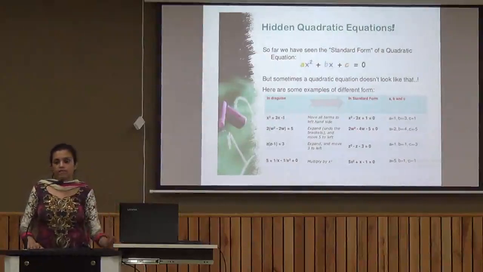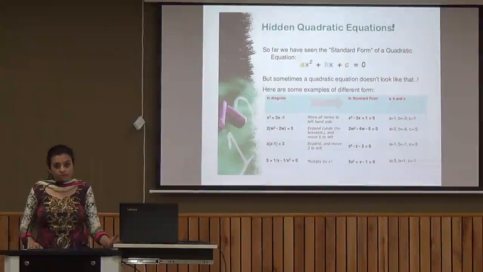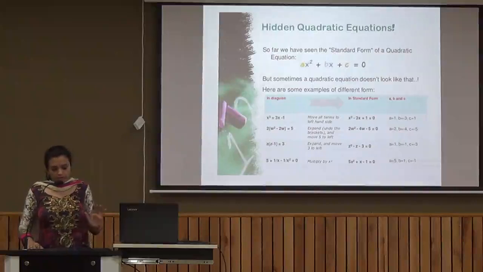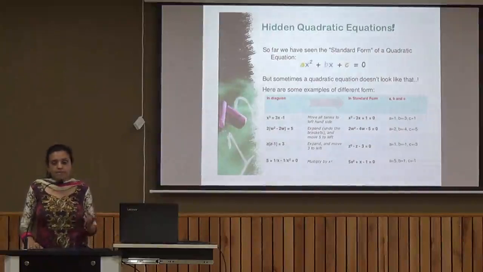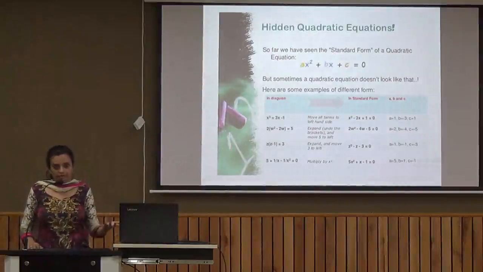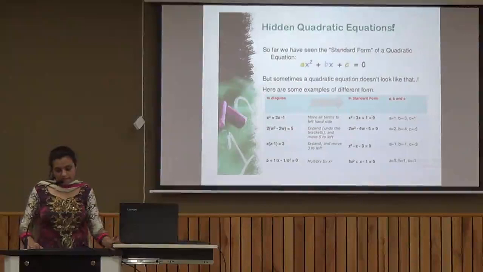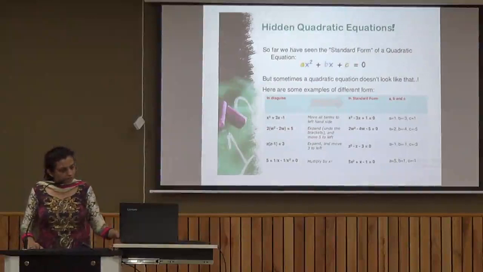This is going to help you by leaps and bounds. See, the trick here is multiply by x square. Multiply by x square would just mean take the LCM in simpler terms. And when you take the LCM and cross multiply, you get 5x squared plus x minus 1 equal to 0. And it looks like a regular quadratic equation to us.